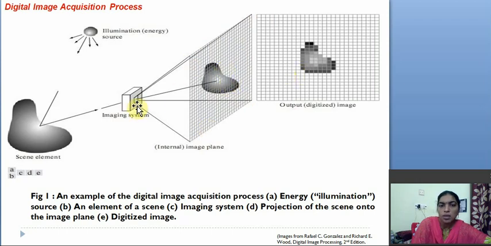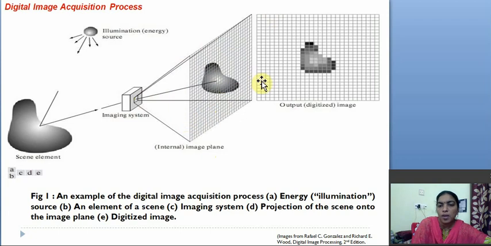Based on the sensor arrangements, after digitizing, the digitized system gives the output like this. Otherwise, if you have the voltage information at each location or for the whole system, that is nothing but an analog image.